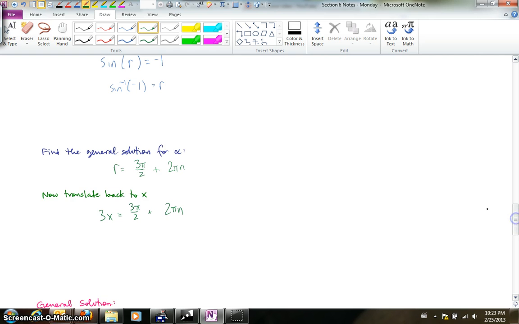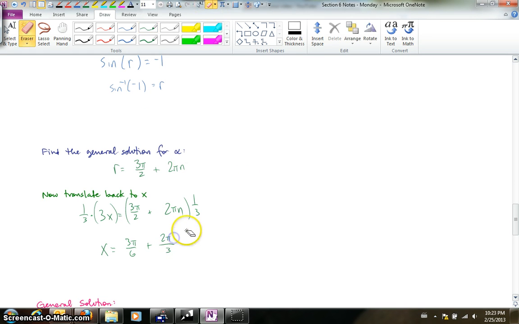From here, it's a simple get x by itself step, which is to divide by 3, but sometimes I think it's even easier if I just multiply by 1/3. That will still get x by itself, but when I have the fraction on the right side, it makes it easier just to multiply by 1/3. So I'm left with x equals 3 pi over 6 plus, and you've got to do the distributive property here, 2 pi n over 3, or 2 pi thirds times n.